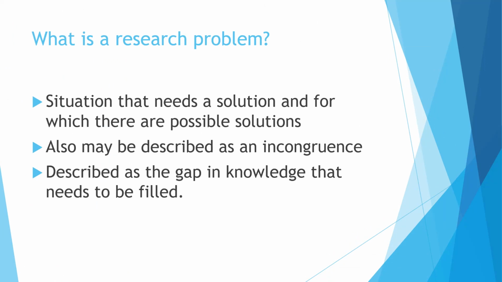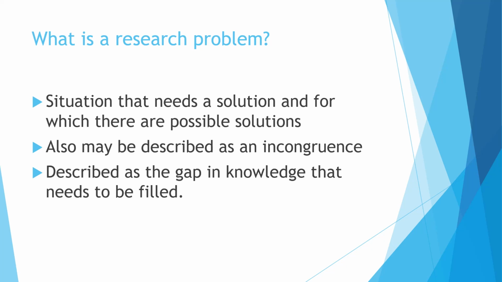So what is a research problem actually? Generally speaking, a research problem is a situation that needs a solution and for which there are possible solutions. Bear in mind that the research problem that you write in your Chapter 1 problem statement section must be solvable.